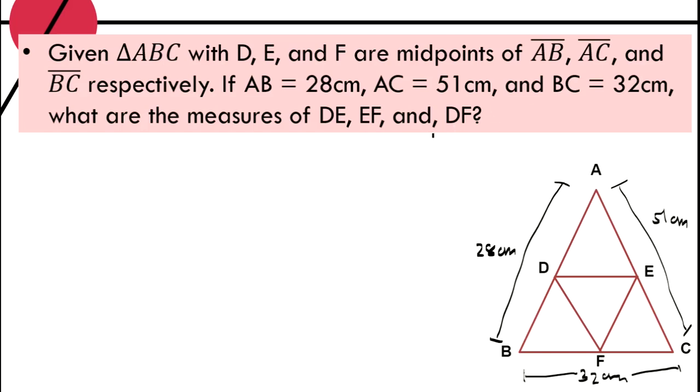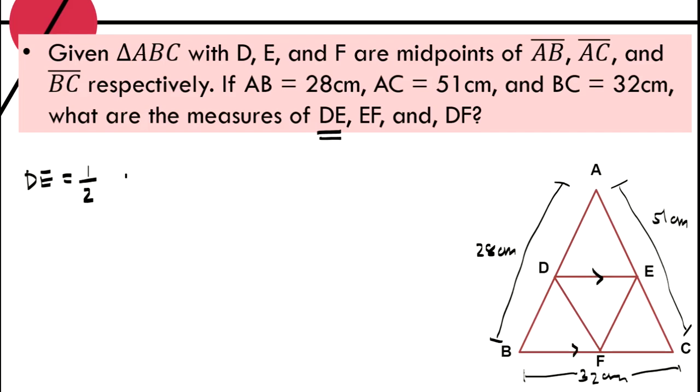Okay, so we are asked to find the measure of our three midlines, DE, EF, and DF. Let's start with midline DE. To find the measure of midline DE, we will apply the midline theorem for triangle. The measure of the midline is just 1/2 the measure of the third side. If it is our midline DE, then the third side is side BC.